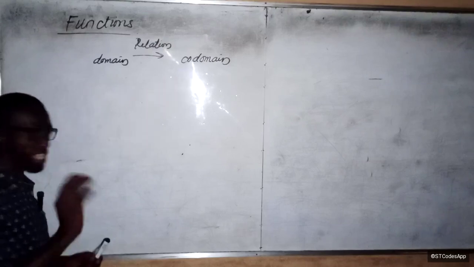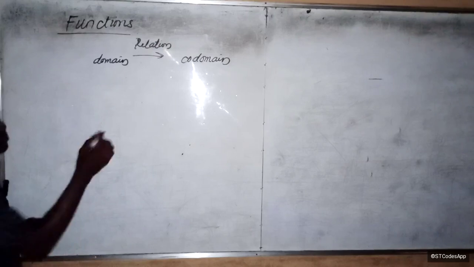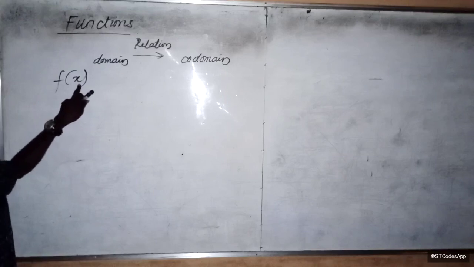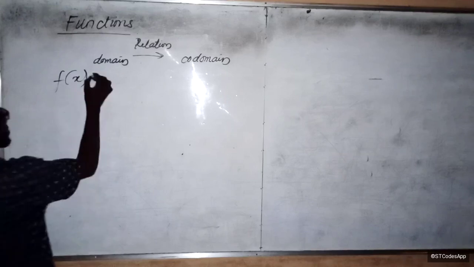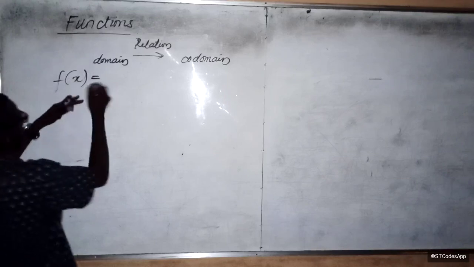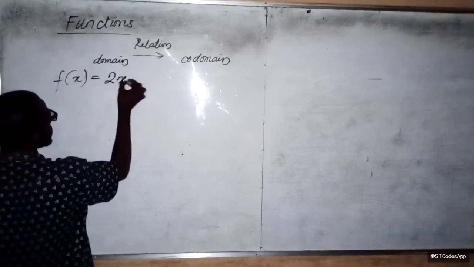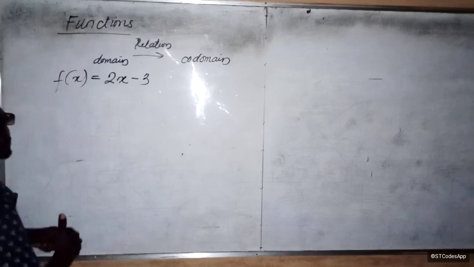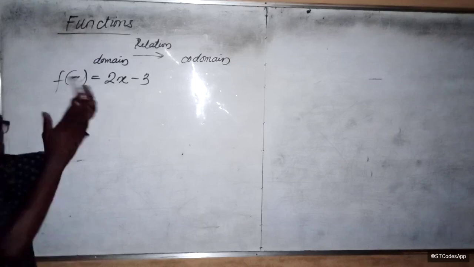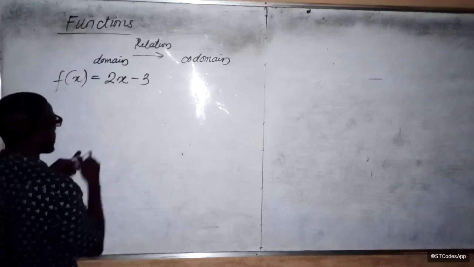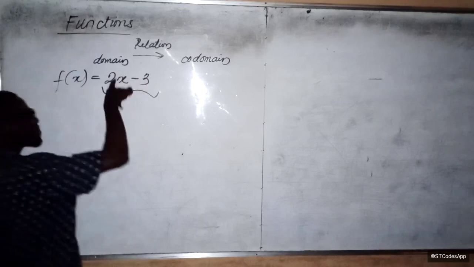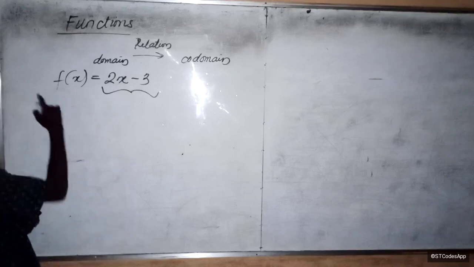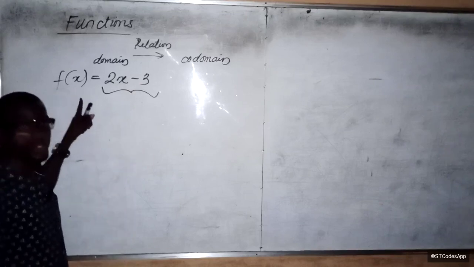All right. So, for example, this is the way it is written. We have f of x, written f into bracket x, and it is read f of x. Now, if I have this function that says 2x minus 3, for example, what this means, from the informal definition I gave you, is that this is a machine that converts every x that I plug in into a particular value, which is my new variable.